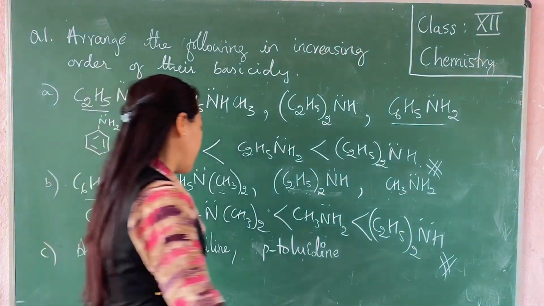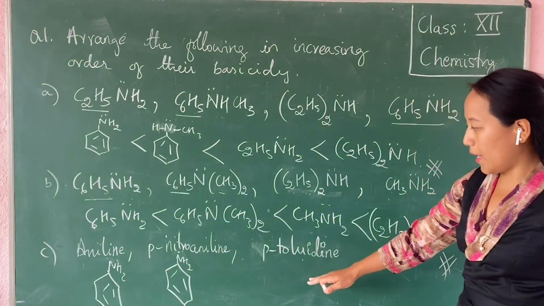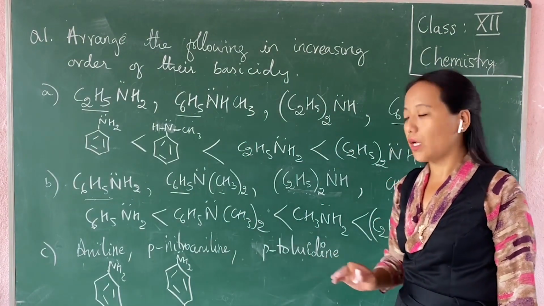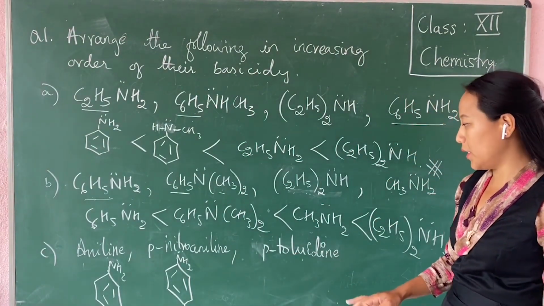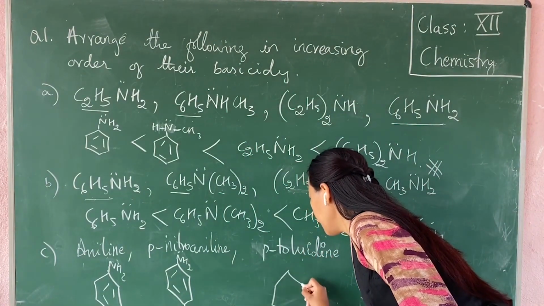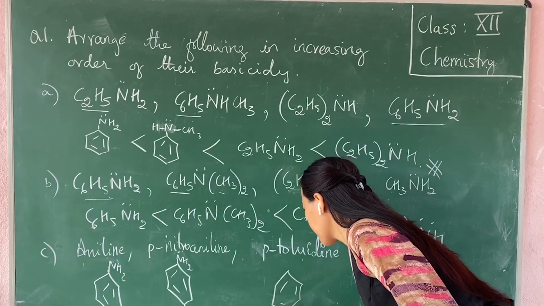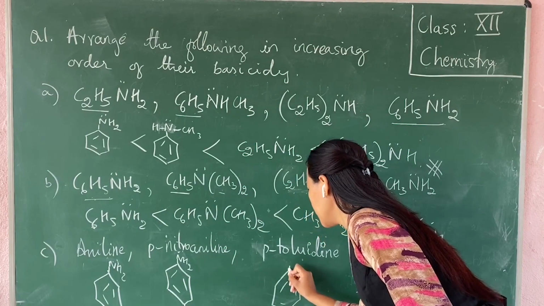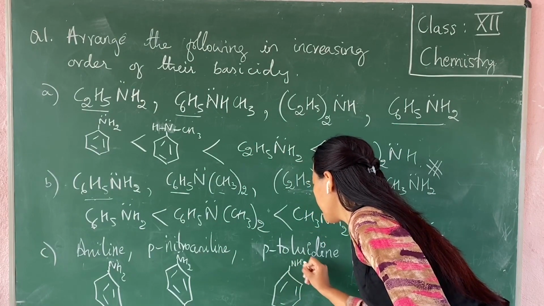Okay, and this has a CH3 on the fourth carbon atom, para-toluidine. Para-toluidine refers to the fourth carbon with CH3, and then NH2 on the first carbon.